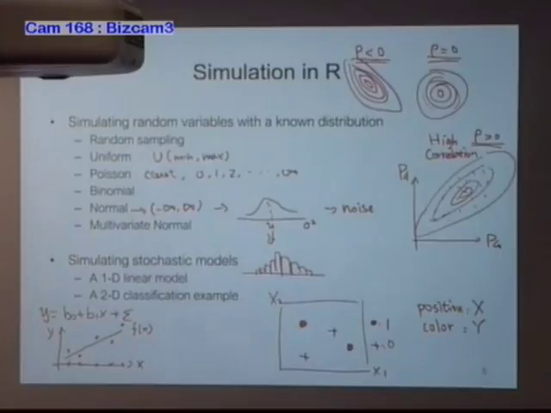Let's take the example of a normal distribution. In R, the shorthand is norm. There's a family of 4 functions, and for any distribution you will find the same family. There's an r function. For the normal case, it's called rnorm.